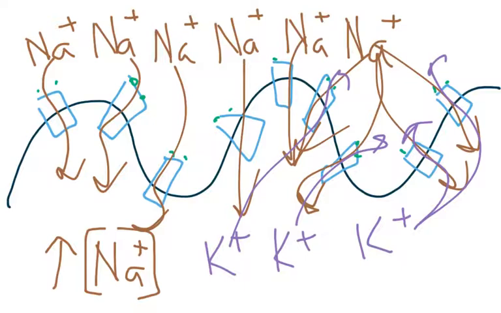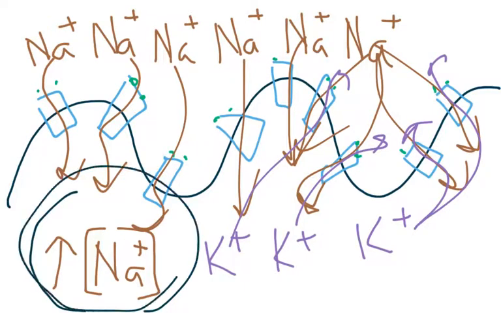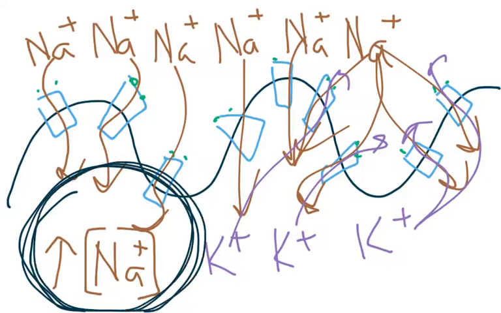I don't consider that the most important part, but that's how membrane potential is essentially reestablished at this point. But what I want to really focus on is this increase in intracellular sodium. Okay? So now let's back up just a little bit.